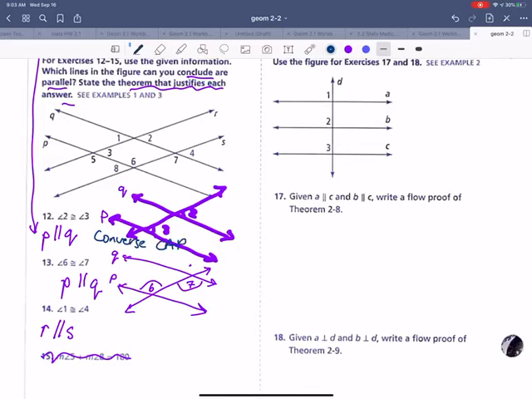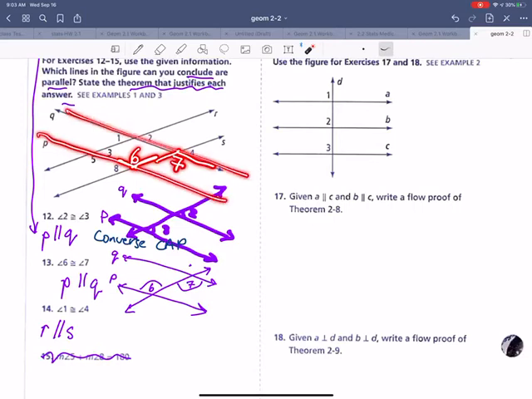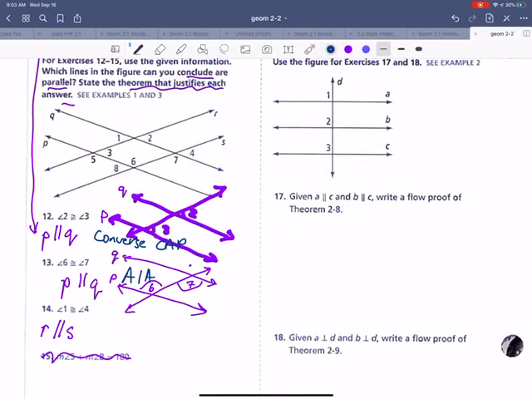Okay. Now let's look at 6 and 7. So 6 is here and 7 is here. And they're on the opposite side of this transversal S. 6 and 7 are on opposite sides. And they're inside this road area, right? So that would be the alternate interior angle theorem. Converse, though, because I'm working in reverse today.